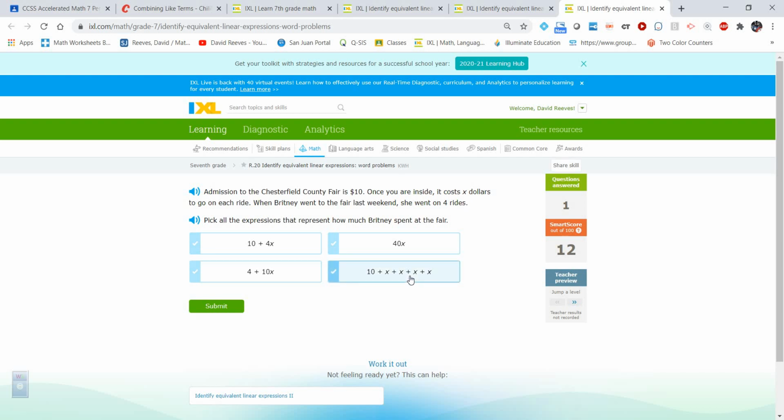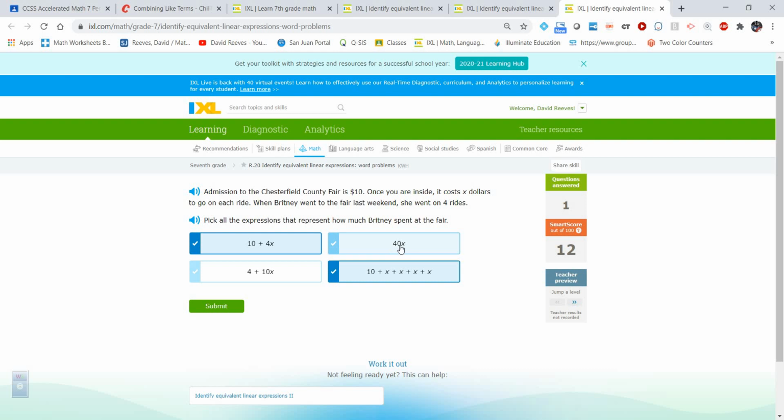So if you look at this one right here, do you see how there's the $10 to get in, and then 1 ride, 2 ride, 3 ride, 4 ride? But this is also correct because what is x plus x plus x plus x? We just did it in the previous problem. It's 4x. This one is not correct because they have x on the 10 and you only do the 10 once. And this one is not correct because that would be 4 times 10x, and we want 4x plus 10.